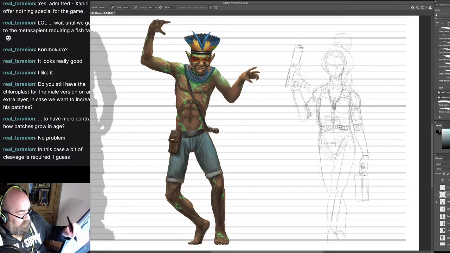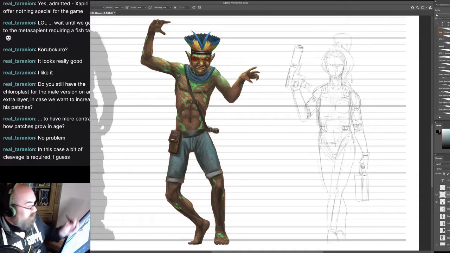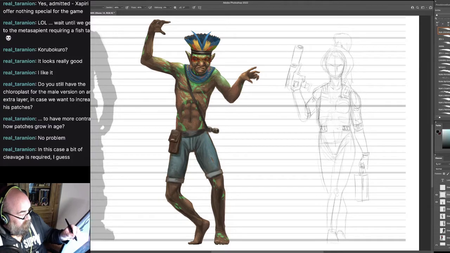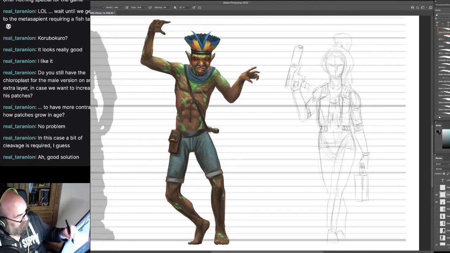Maybe actually, I'll do this differently. So maybe more like that. So this will be a shirt with some kind of Gaia print.